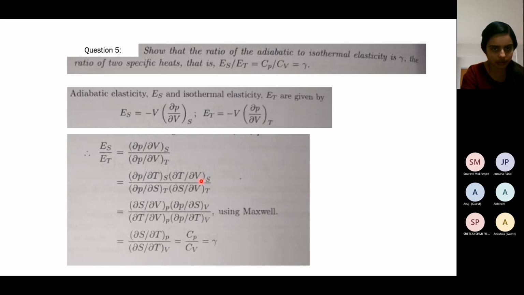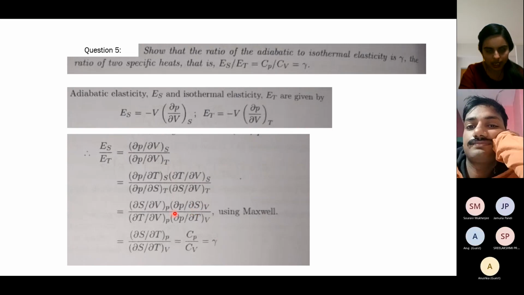And we all know that this is correct, right? So that's how we break up the numerator and the denominator. And then we use the respective Maxwell's relations. And then how do we get from here to here? Like when you look at the solution, can you understand how we are getting from this step to this step?